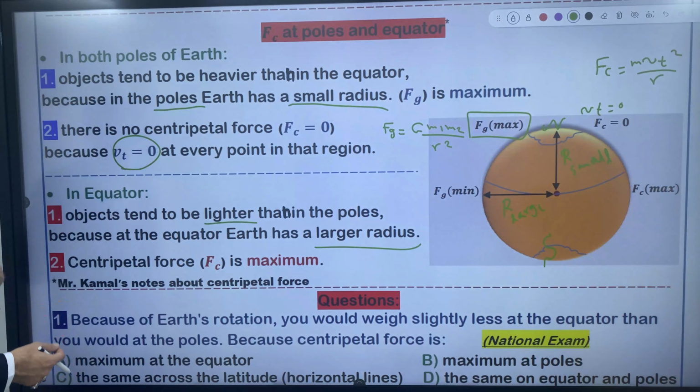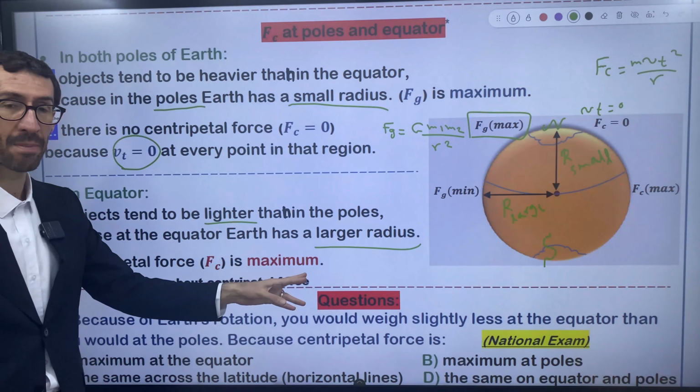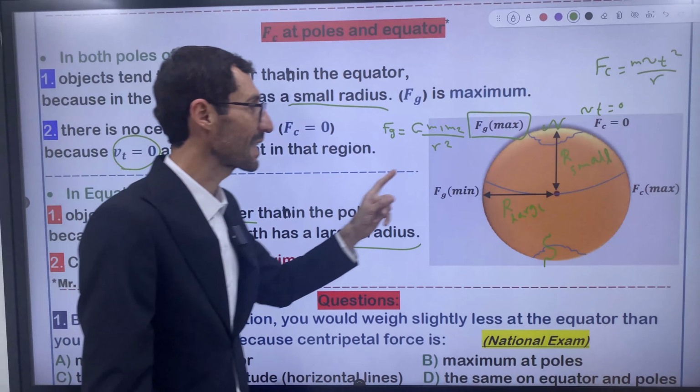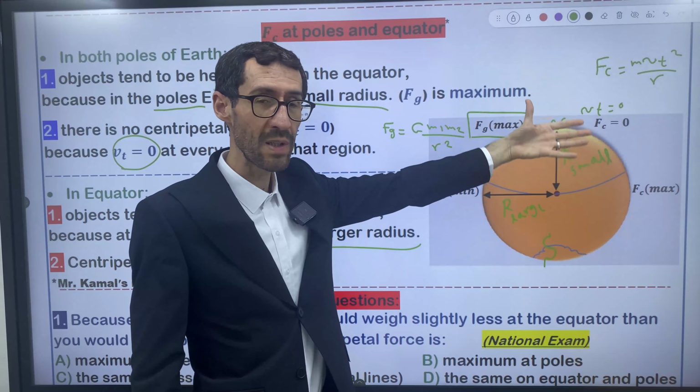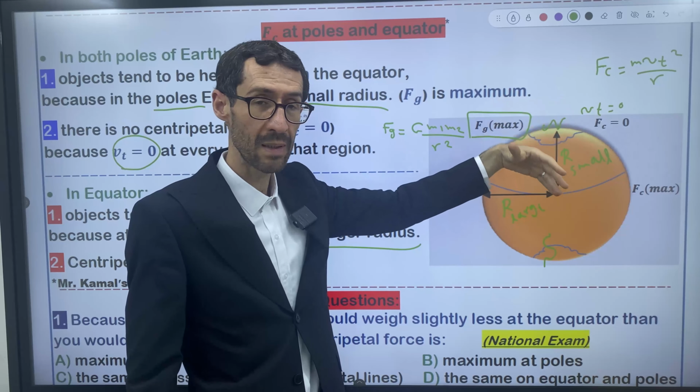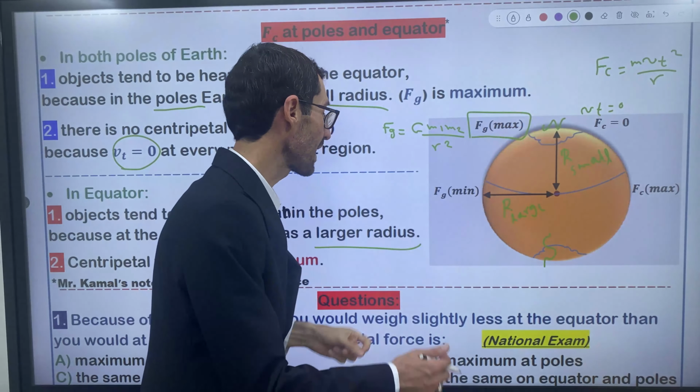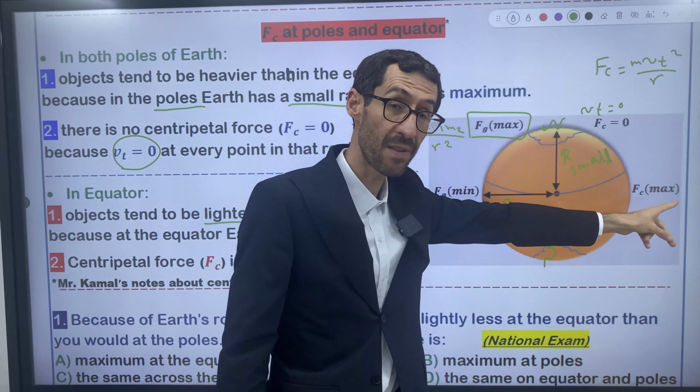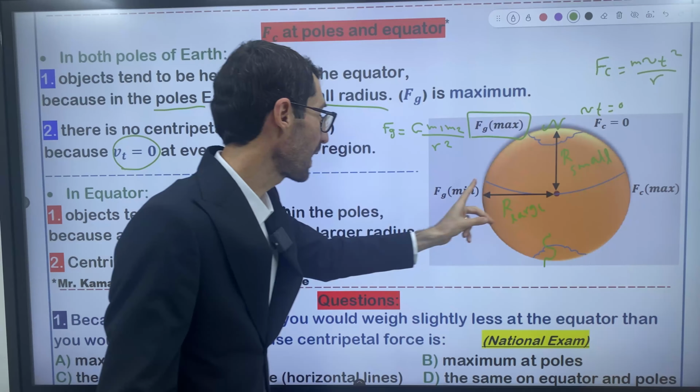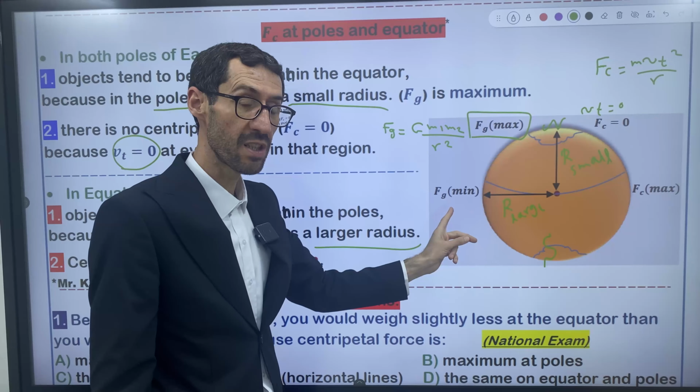The second note: centripetal force Fc is maximum. We said that centripetal force at the North Pole and South Pole is 0, but here Fc is maximum, while Fg is minimum. Why is Fg minimum?